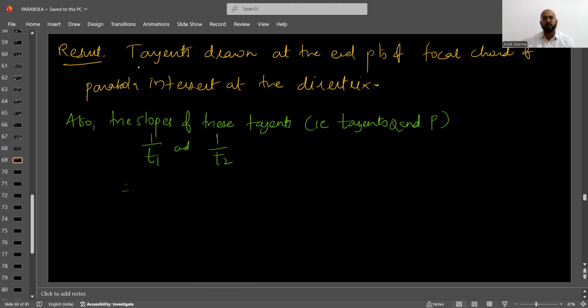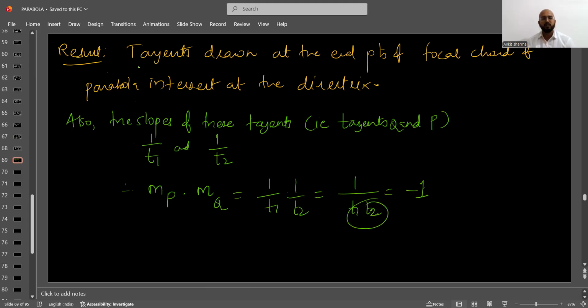So if I take the product, m of tangent at P into m of tangent at Q is 1 over t1 into 1 over t2, which is 1 over t1 t2. This is -1 because t1 t2 is -1. That means m_P into m_Q is -1, so these tangents are perpendicular.